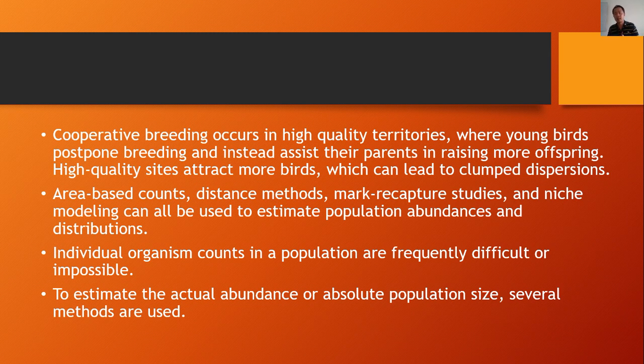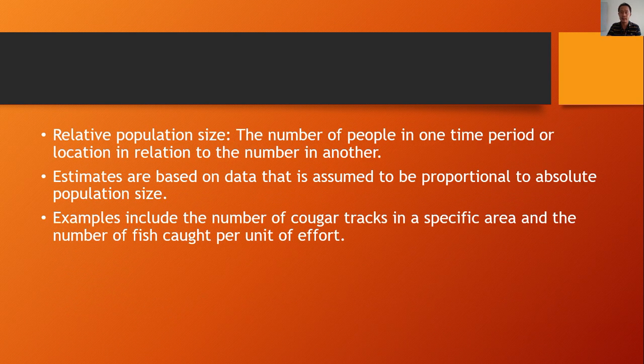Area-based counts, distance methods, mark-recapture studies, and niche modeling can be used to estimate population abundance and distribution. Counting individual organisms in a population is frequently difficult or impossible, especially when it reaches millions of individuals. So to estimate actual abundance or absolute population size, several methods are used.